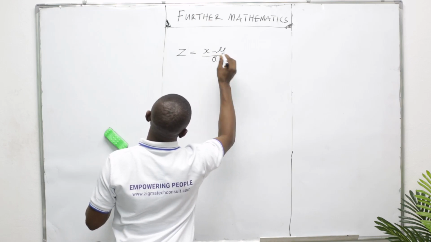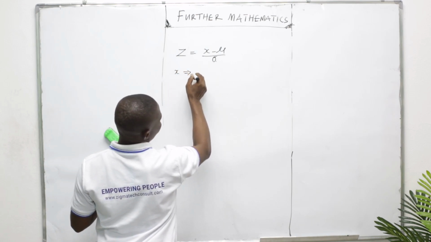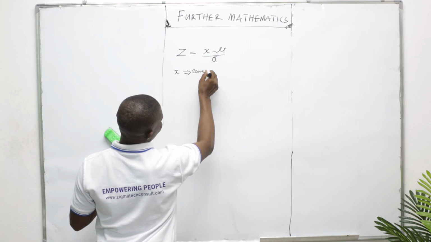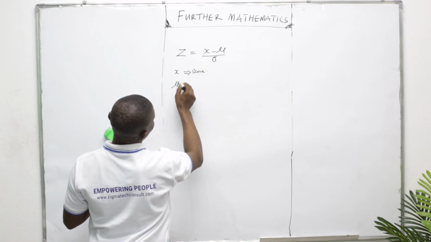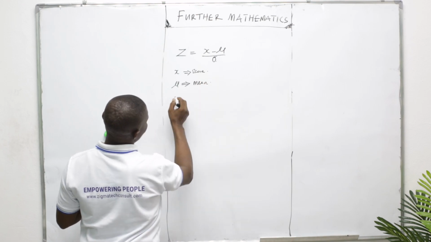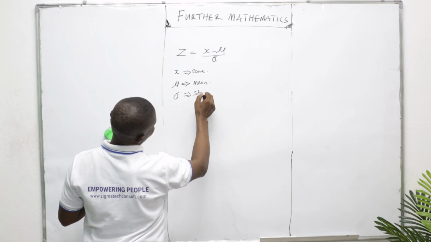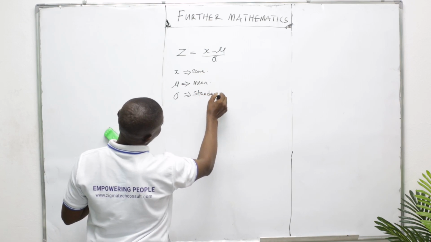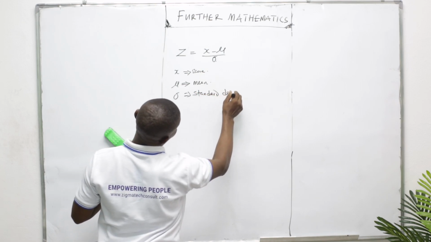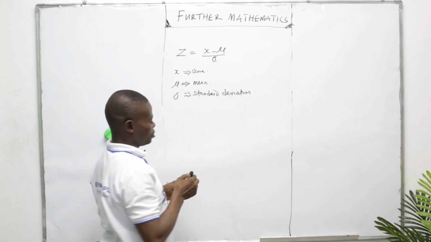The symbol you are seeing, where x is just maybe the score, mu equals mean, and sigma represents standard deviation.